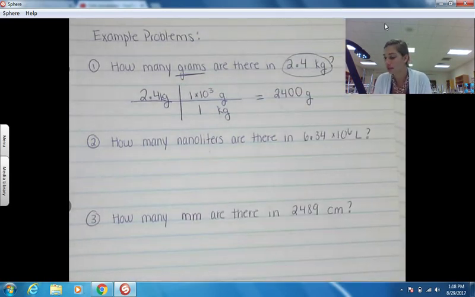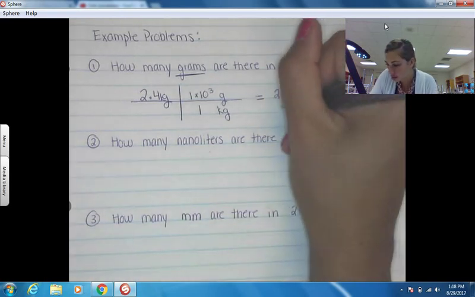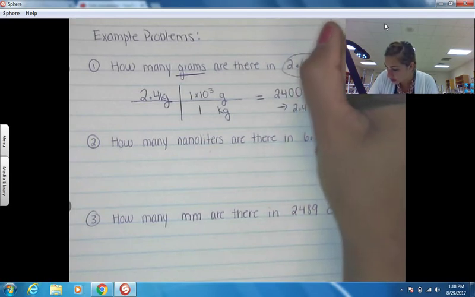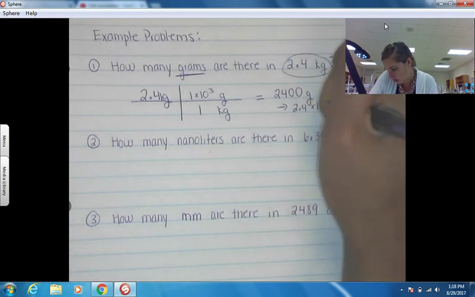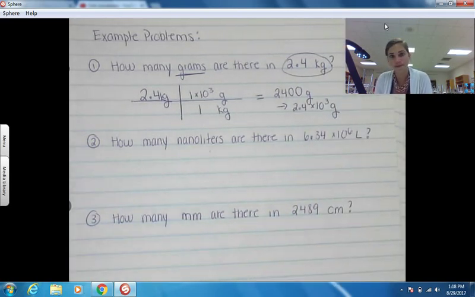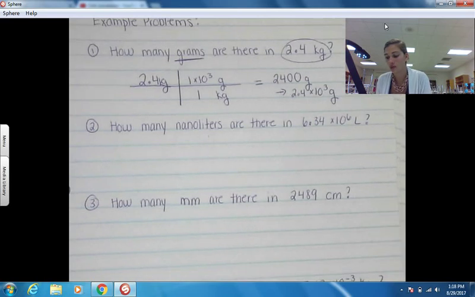And you should get 2,400 grams. Now you can convert this into scientific notation, which should be 2.4 times 10 to the third grams. Make sure you always have a number and a unit. Okay? How about you try the next one?